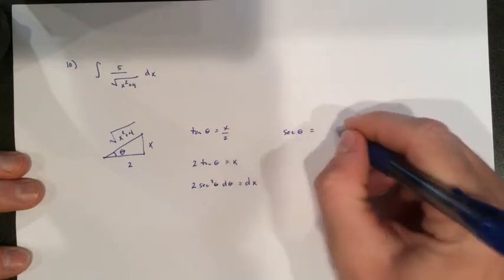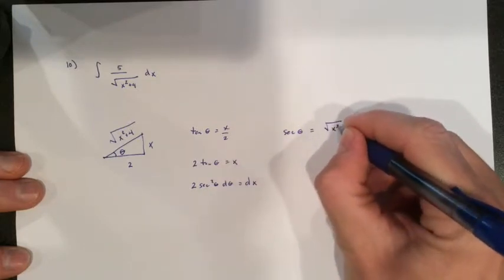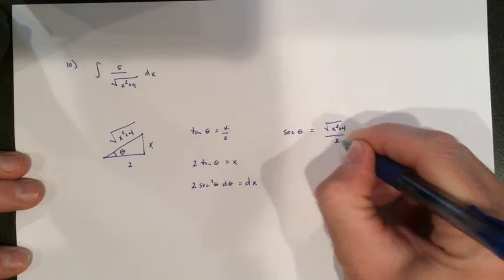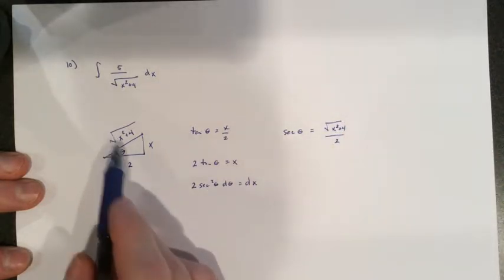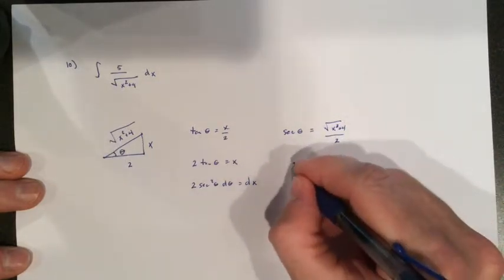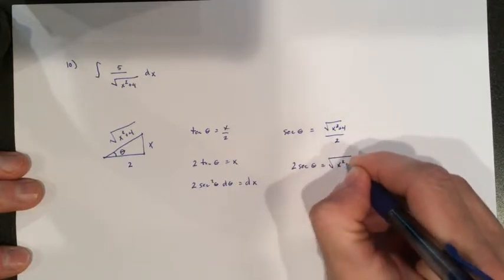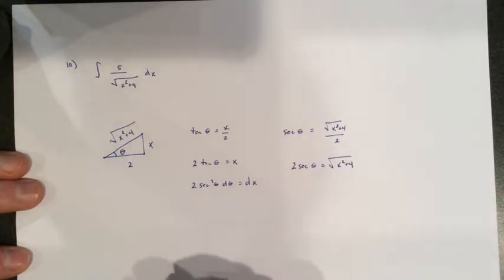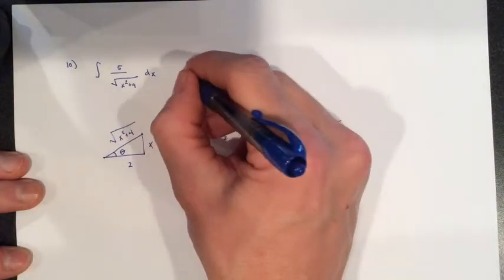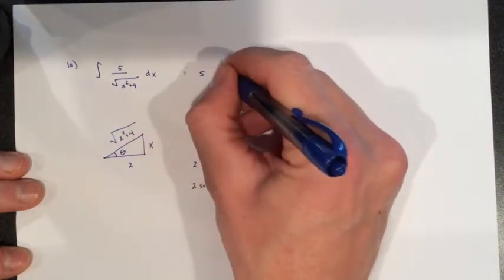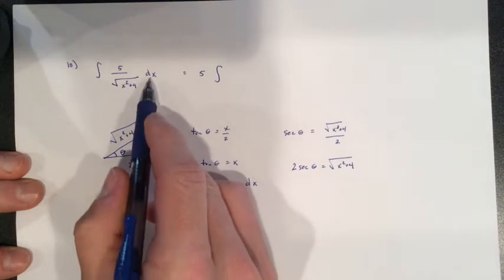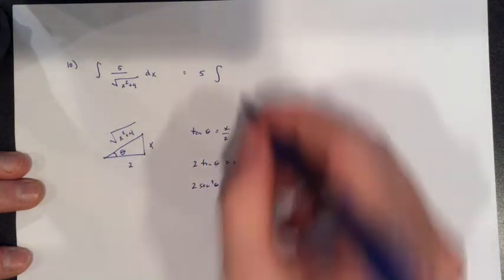Secant of theta is equal to the square root of x squared plus 4 over 2, right? Secant is hypotenuse over adjacent, and that means that 2 secant theta is equal to the square root of x squared plus 4. And now I can make the substitution. This whole integral then equals, I'm just going to pull that 5 out in front. I have the dx, which is right here.